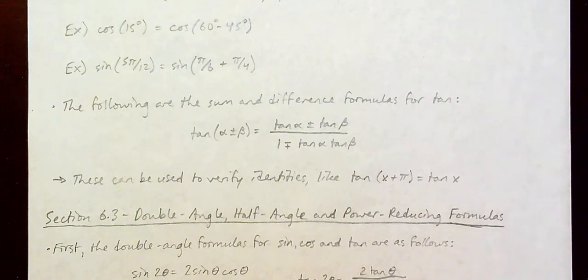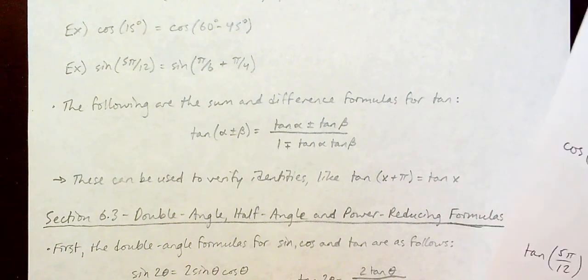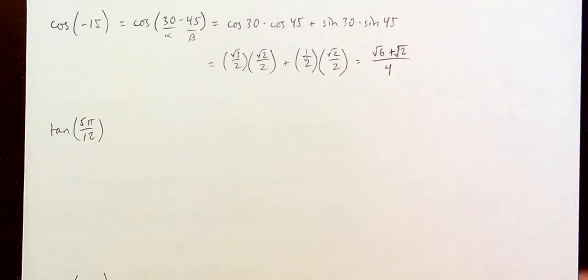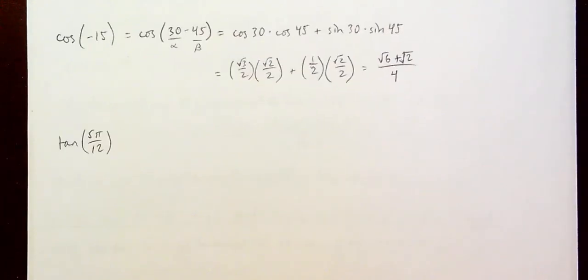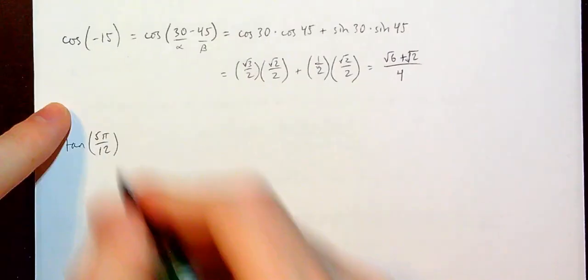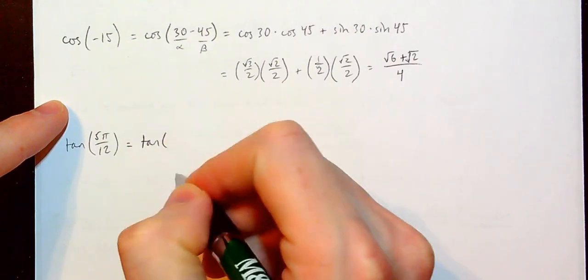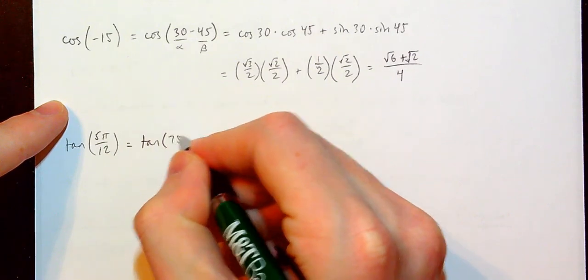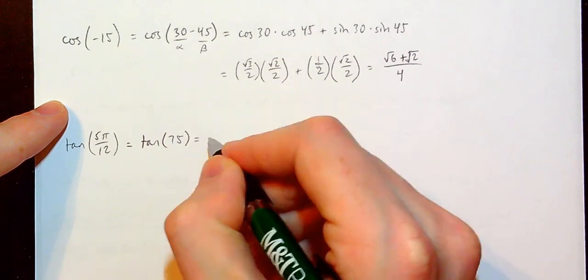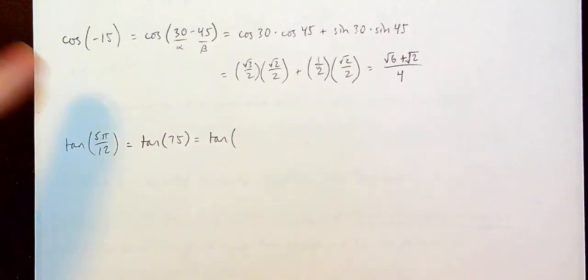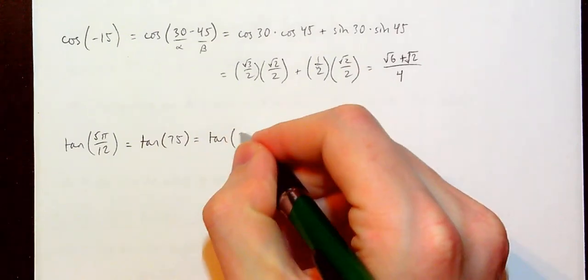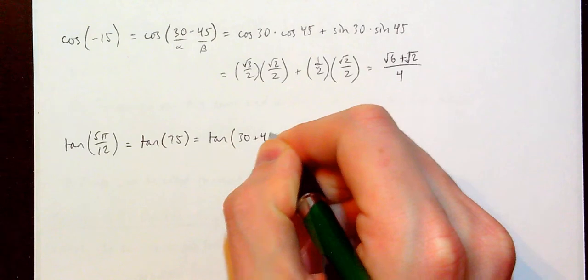So let's see a sample problem here where we use one of the sum or difference formulas for tangent. So we have the tangent of 5 pi over 12. Earlier on in the video, we said that if you converted 5 pi over 12 into degrees, you get 75. And thinking of two nice angles that will add or subtract out to 75, pretty straightforward to find that you get 30 plus 45.